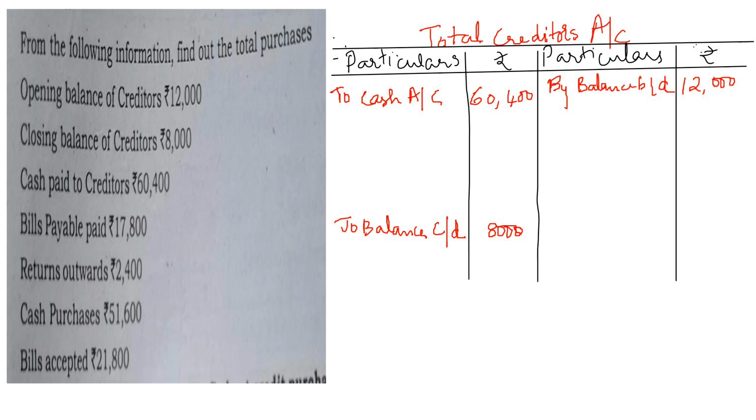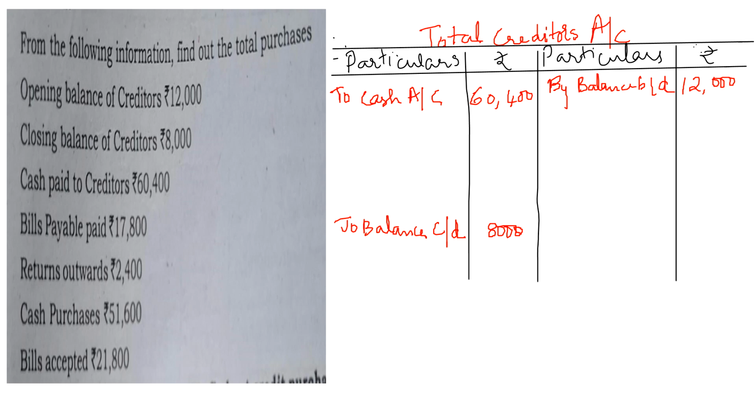So next you have bills payable paid. So bills payable paid will not be appearing in this particular account. Why? Because as it is paid, the entry will be bills payable account debtor to cash account. So that will not be affected or recorded in the total creditors account.